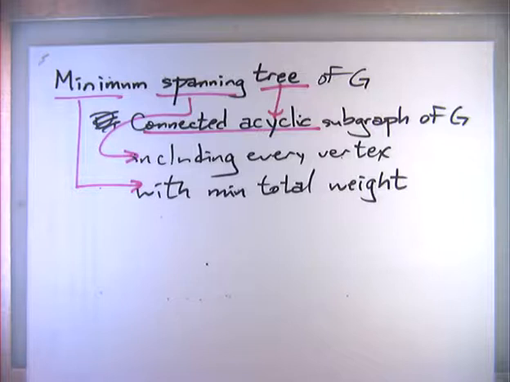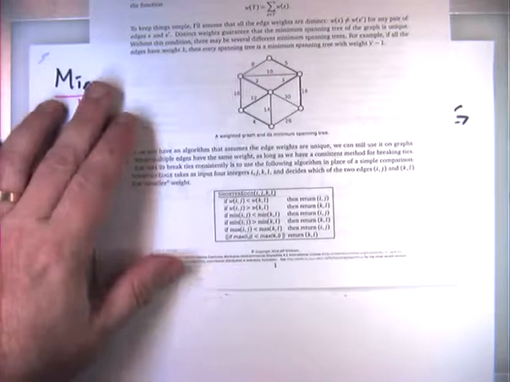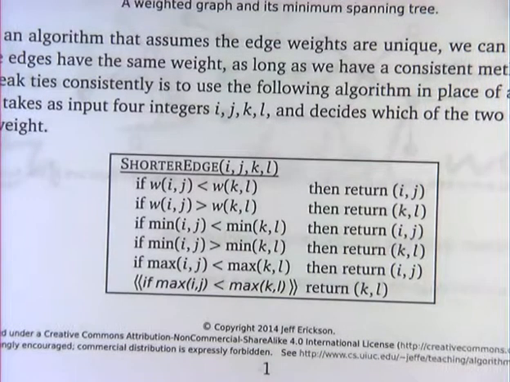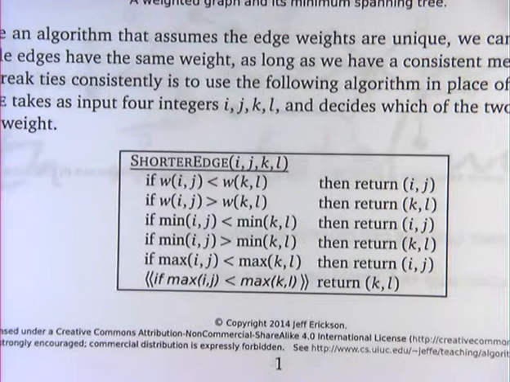So the same thing is true here. If I establish a tie-breaking rule, here in these 5 or 6 lines of code, this is going to be enough to guarantee that the minimum spanning tree is actually unique.